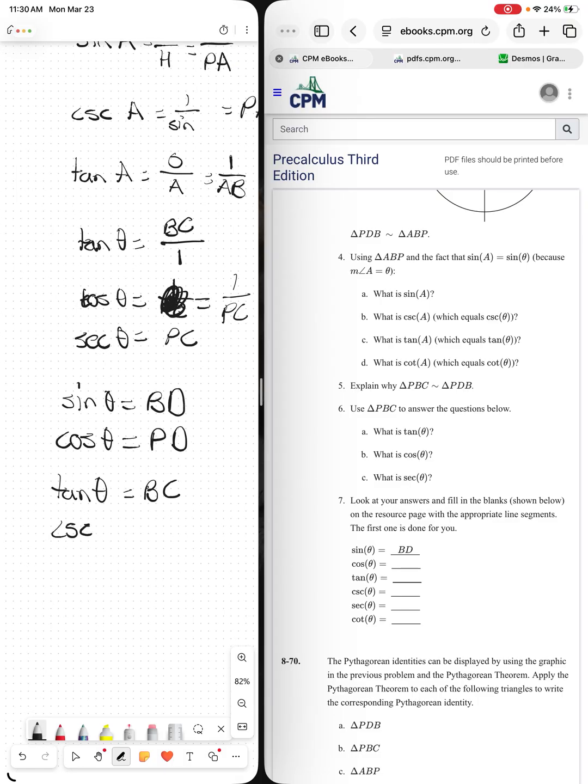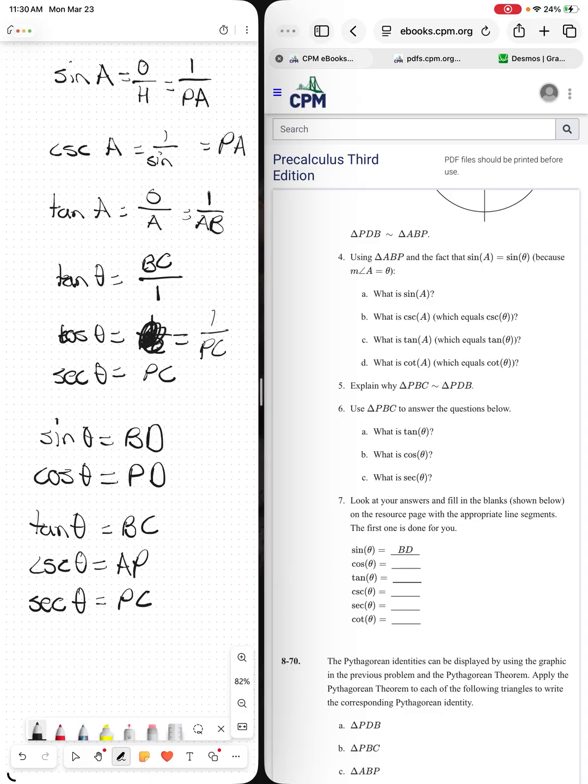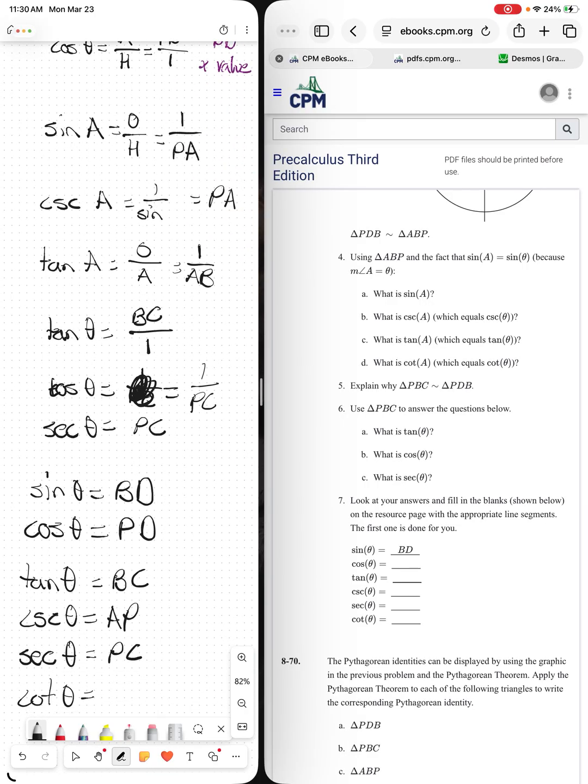Cosecant of theta is AP or PA, either one. Secant of theta is PC. And cotangent of theta is AB.